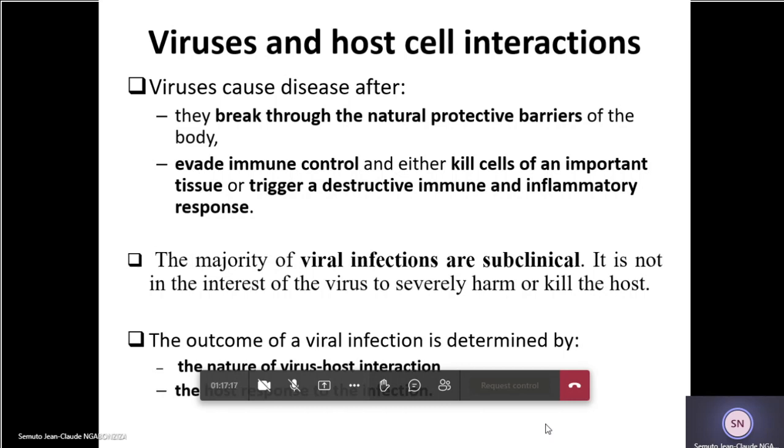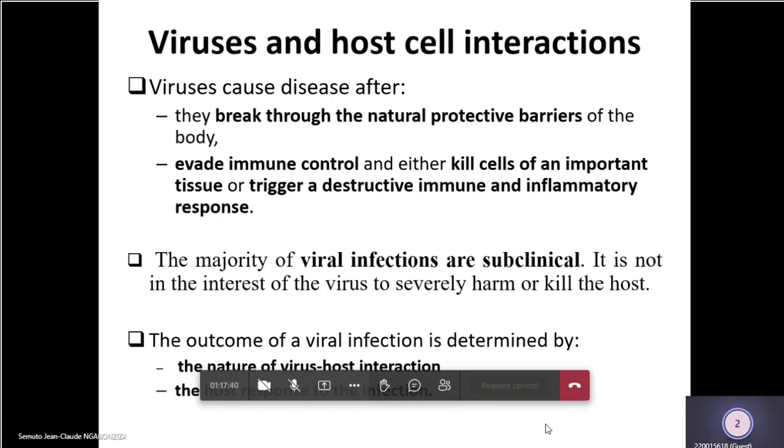So they cause disease either by killing the cells of important tissue, or the immune and inflammatory response induced by the viruses can then destroy this important tissue. So that is the two ways.